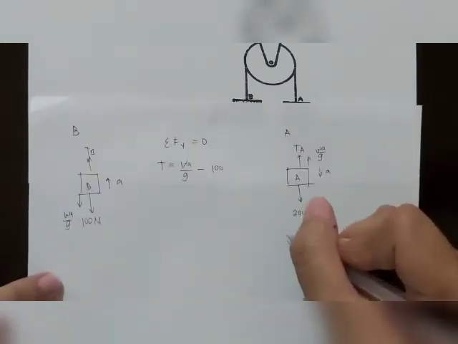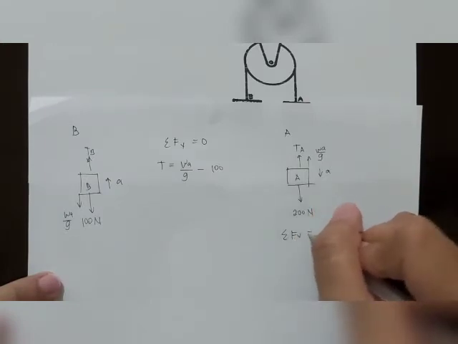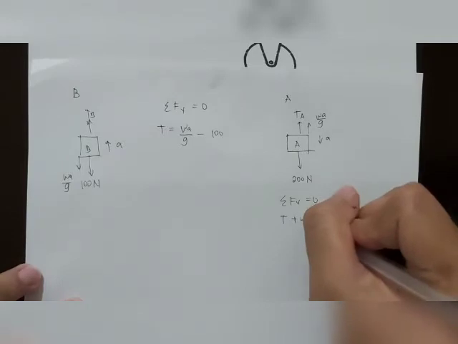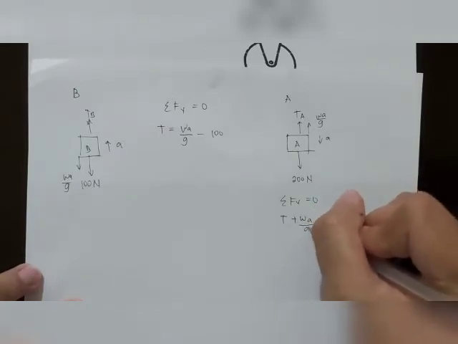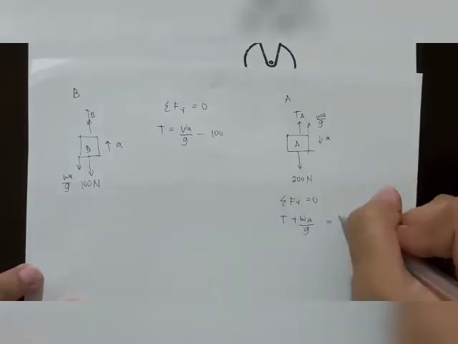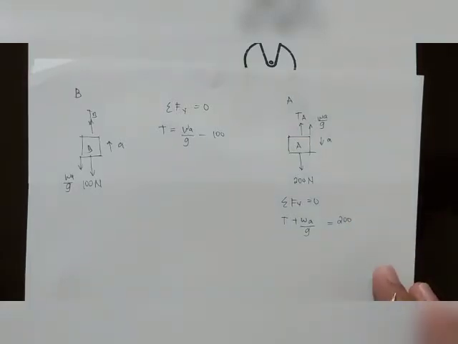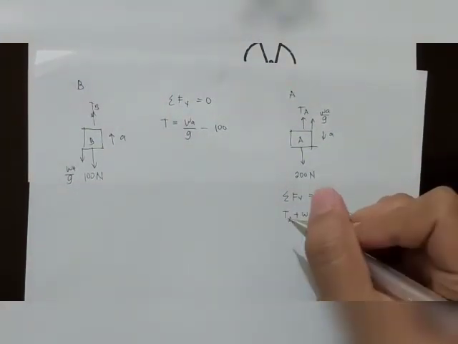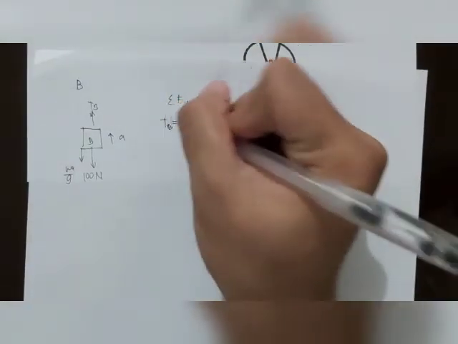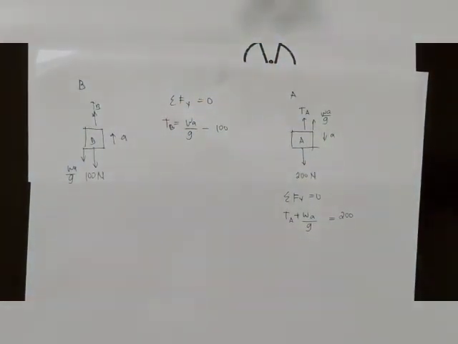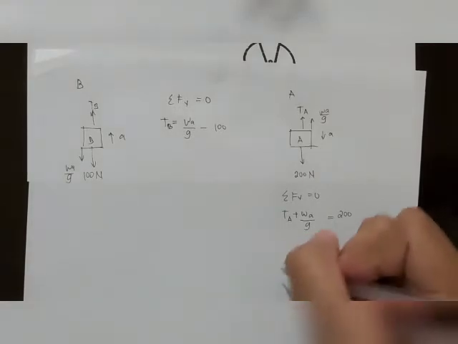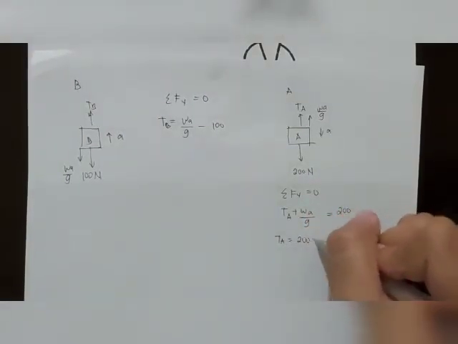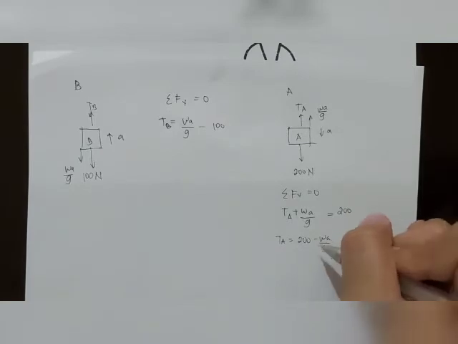So summation of forces vertical is equal to 0, where T plus WA over G is equal to 200. So ito is tension A and then tension B. So tension A is equal to 200 minus WA over G.